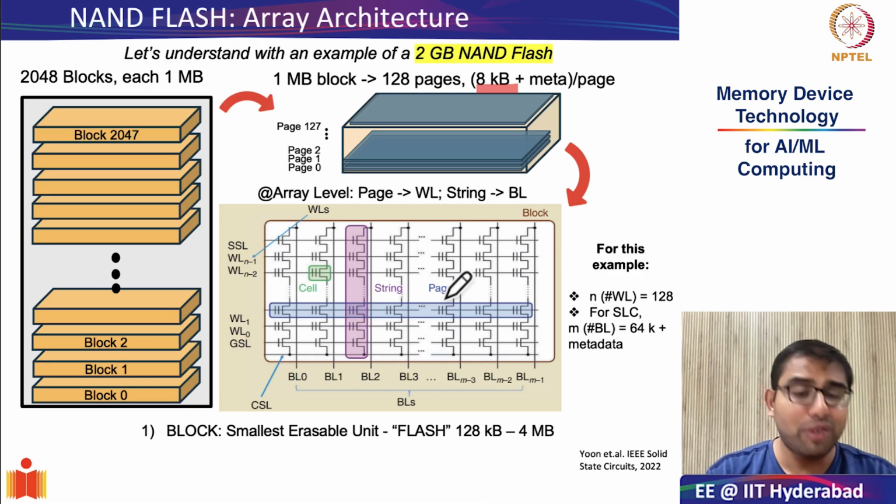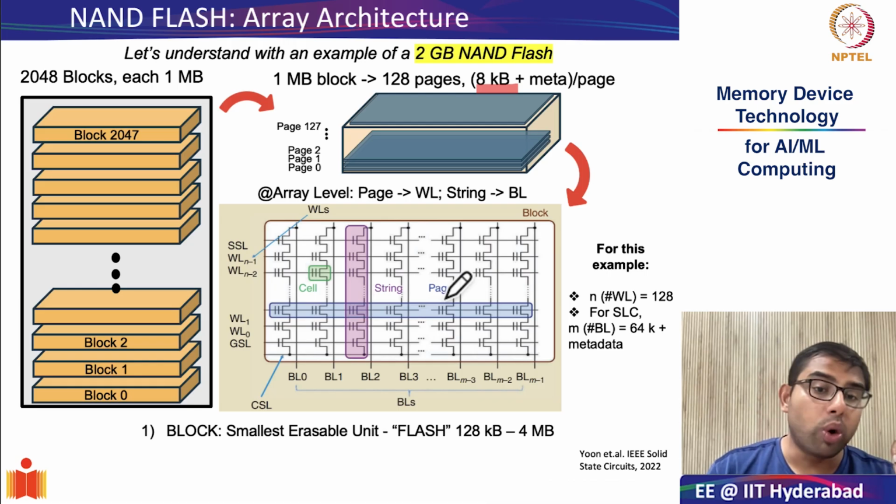Remember, we studied in our introductory class that flash comes from the term camera flash, where things are erased in a quick instant. In one go, large chunks of data are erased. So this block is the smallest unit which gets erased at one go. Generally, the size of a block in modern day NAND flash architectures is around 128 KB to 4 MB. In our example, we took just 1 MB.